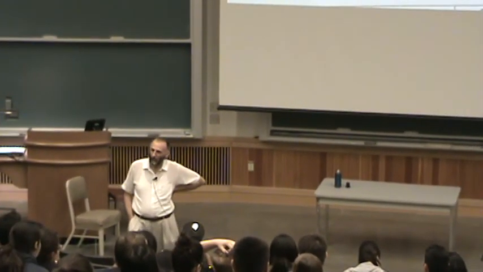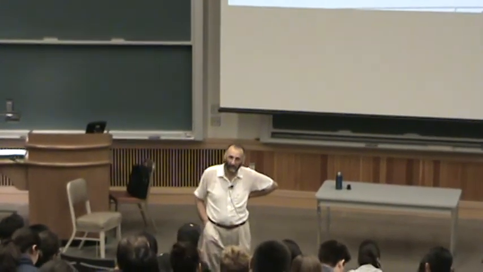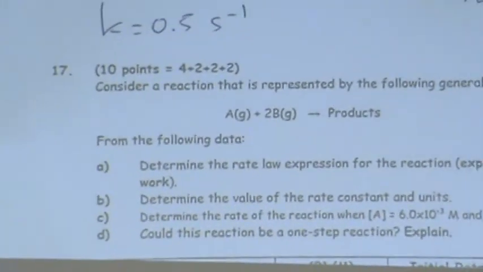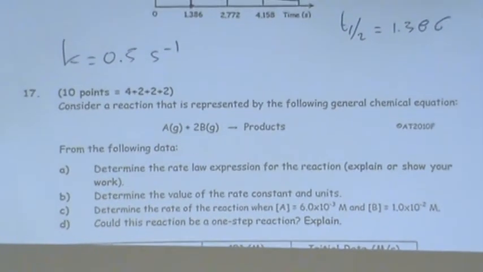Exactly. If it was a one-step reaction, then we know what the rate law should look like, because from the coefficients we know how it will look. The rate would be equal to the rate constant times A times B squared.